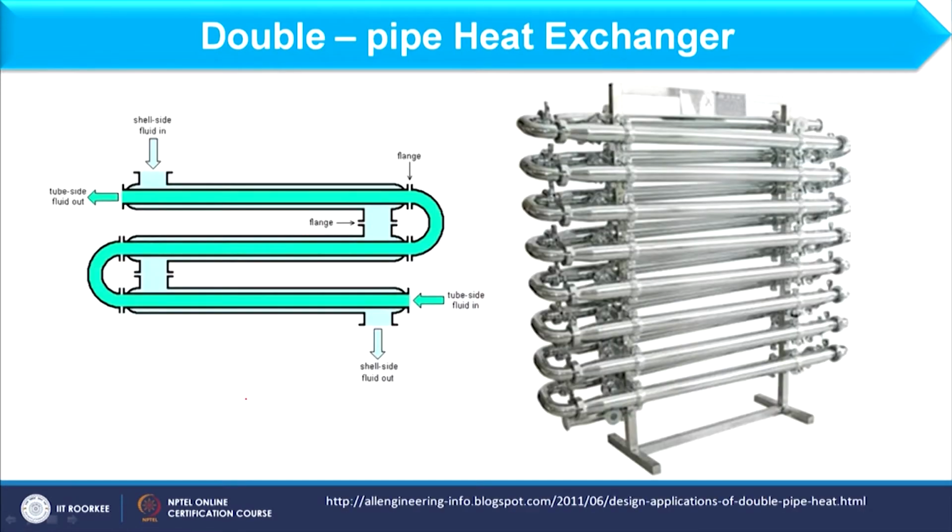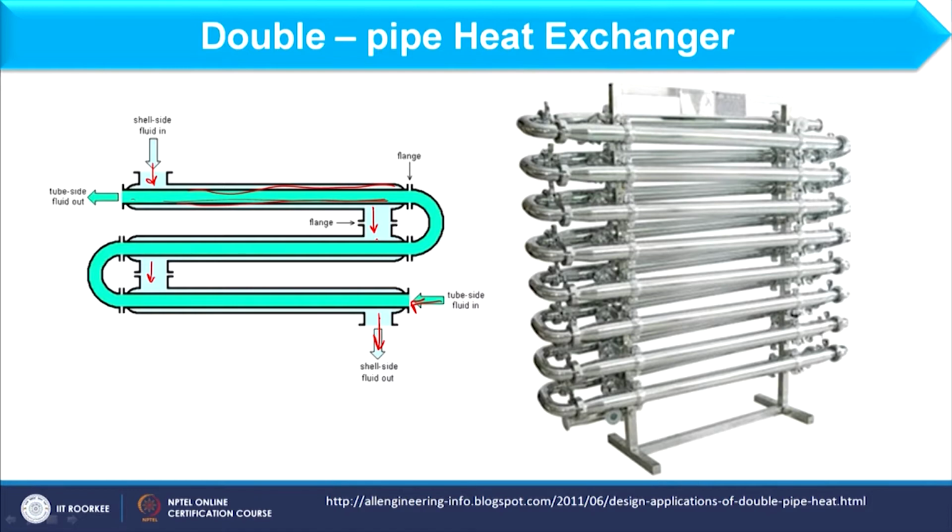Okay, so here you see we have this double pipe heat exchanger. This is the annular side and this is the inner side and this is the annular side. So one fluid is moving in the annular side, okay, and then it transfers from here to here and then exits from here. Another fluid is inside the tube and moves in a serpentine manner.